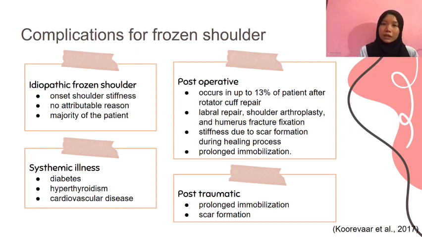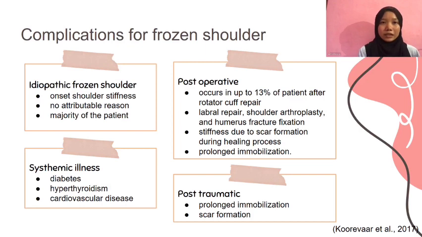One of the complications of frozen shoulder is idiopathic frozen shoulder. Idiopathic is a term used when there is an unknown cause. Idiopathic cases account for the majority of patients presenting with onset of shoulder stiffness.